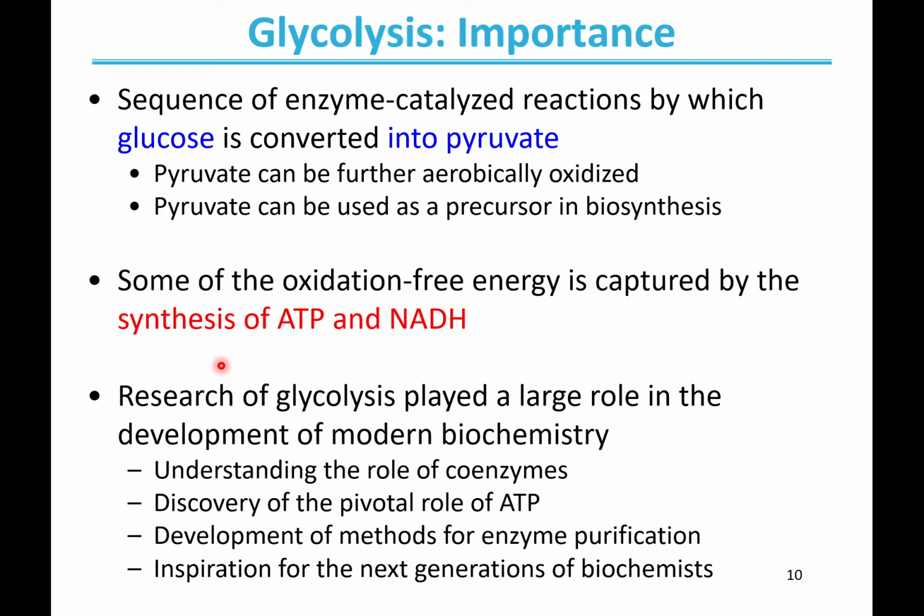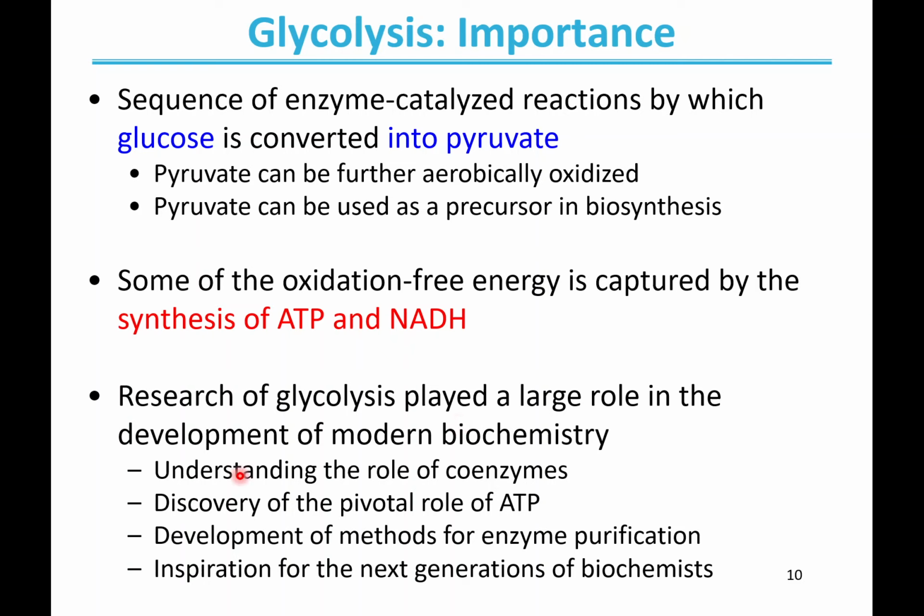biomolecules. Research on glycolysis played a really big role in the development of biochemistry. Since it is such a central pathway, and very simple organisms that are easy to study have glycolysis, it was one of the first metabolic pathways studied.